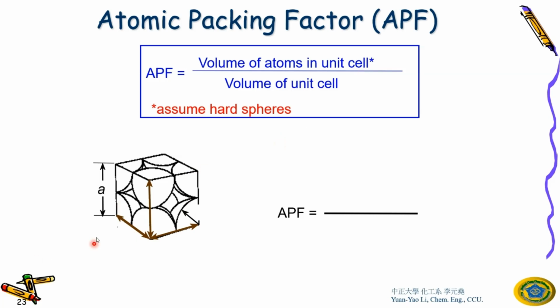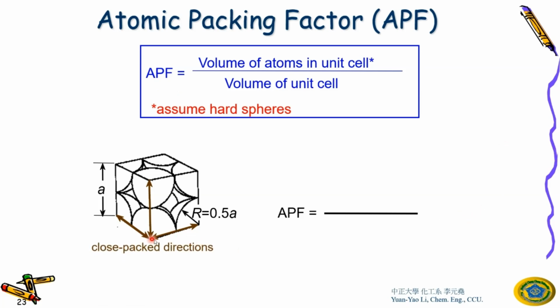So for example, this is the length of the edge, or we call it edge length. A is the edge length. R is called the radius of the sphere. And in this case, R is 0.5A, right? Okay, so let's calculate what the APF is.